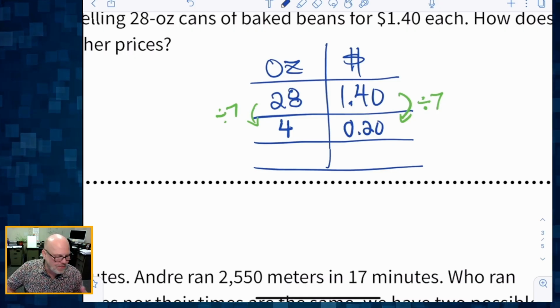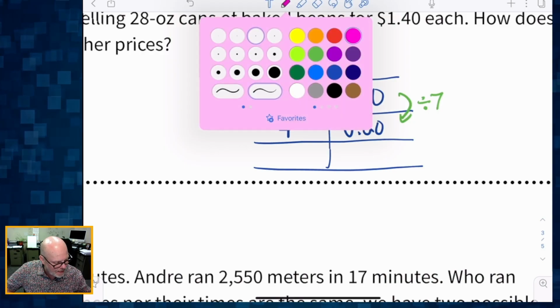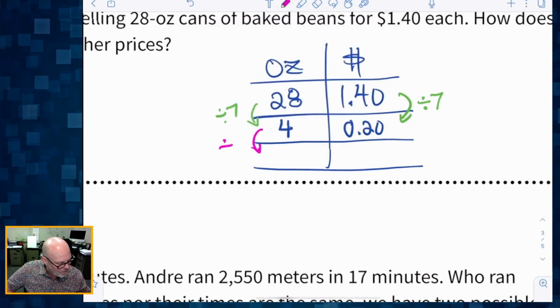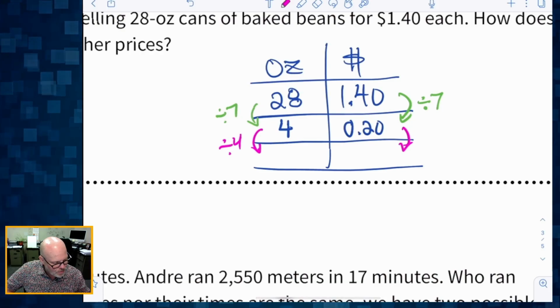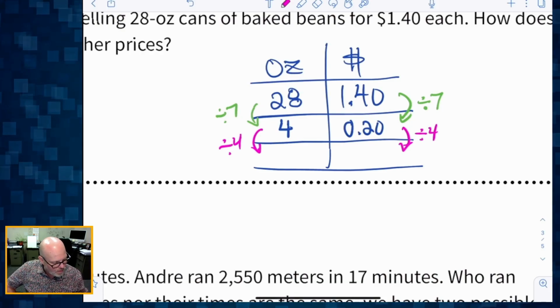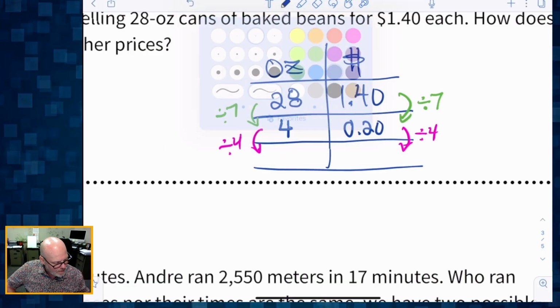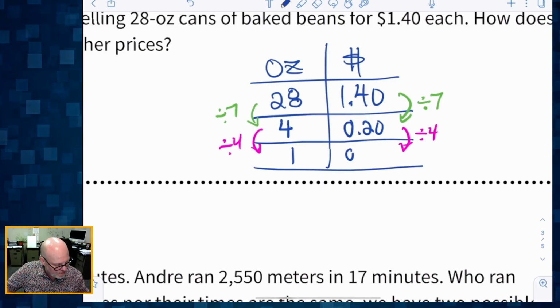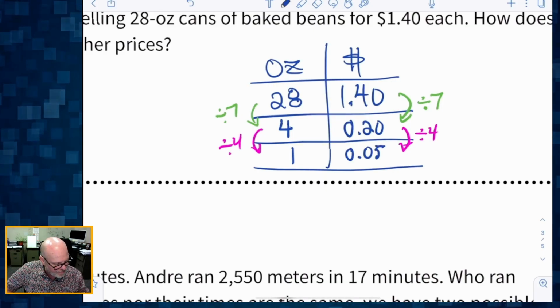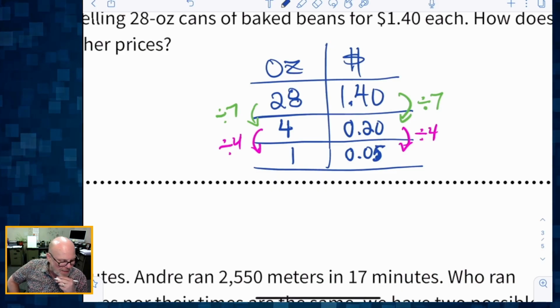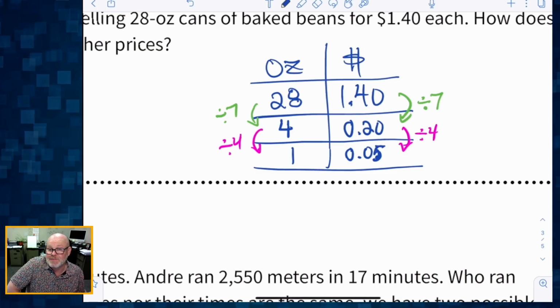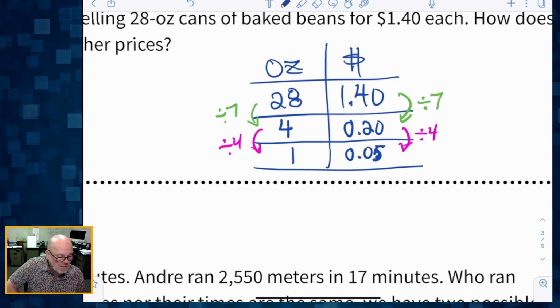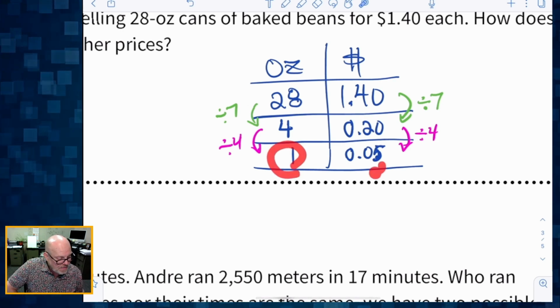I could scale down again. This time I'm going to divide by 4 because I want to get that unit rate. So now 1 ounce is equal to 0.05, so that's 5 cents. So 1 ounce costs 5 cents.